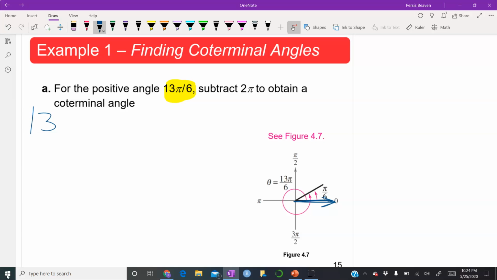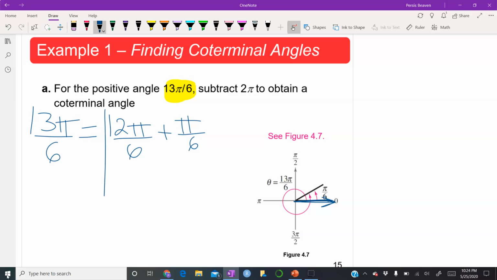I say a full rotation because 13 pi over 6 can be broken into two angles. One is 12 pi over 6, and the other is 1 pi over 6. We know from the previous example that 12 pi over 6 is equal to 2 pi. So that is a full rotation, a full circle, and then we go an extra pi over 6.